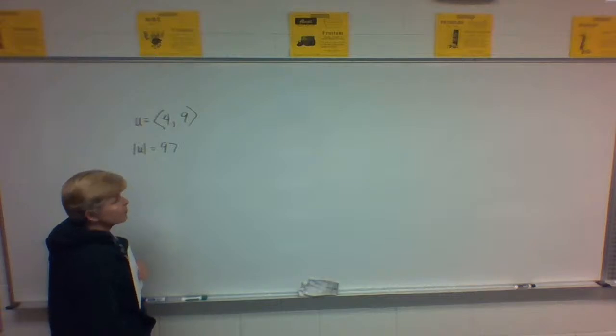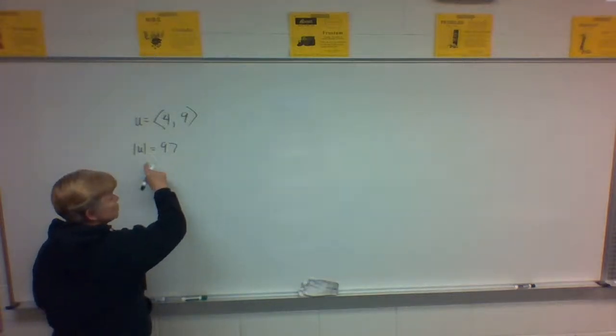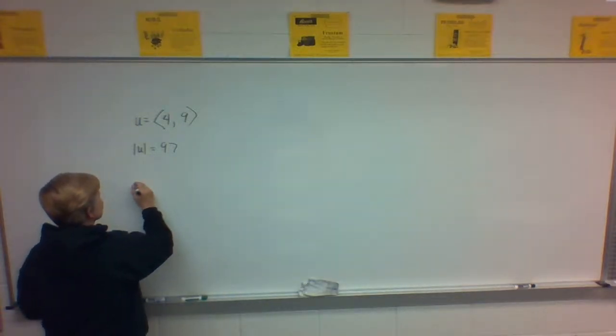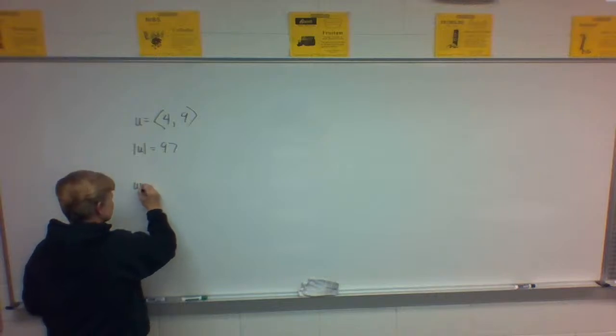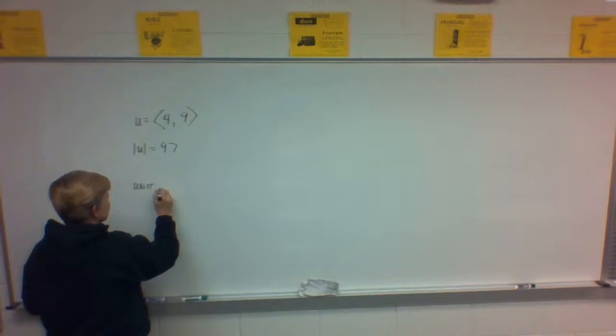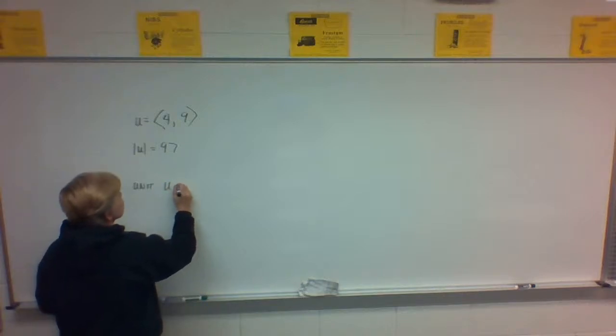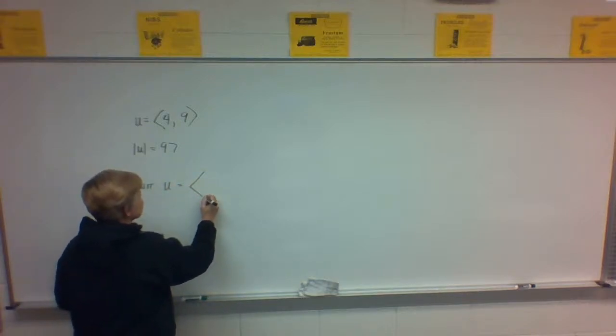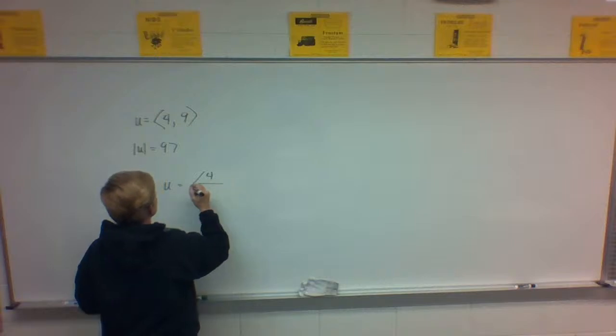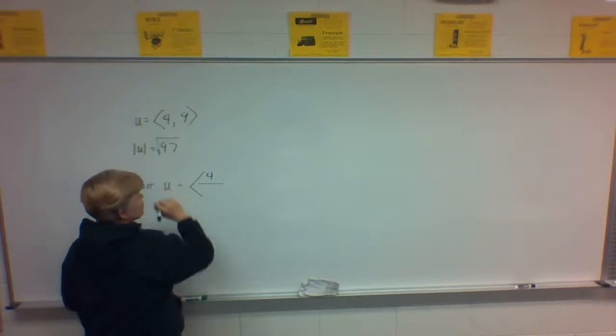Pythagorean theorem. You need the length of u, because what you're going to do is the unit vector. Unit u is going to be the x component divided by, I'm sorry, that's not the 97, it's the square root of 97. It's my fault.